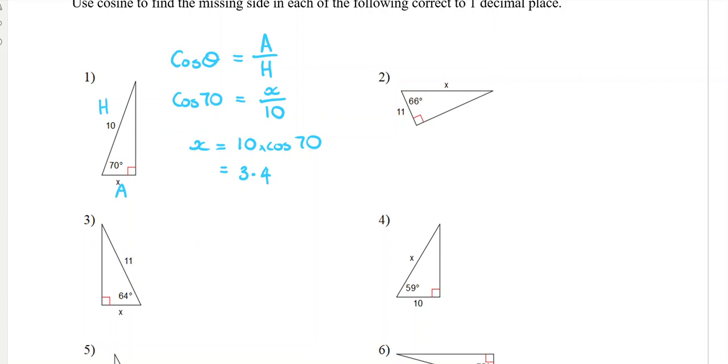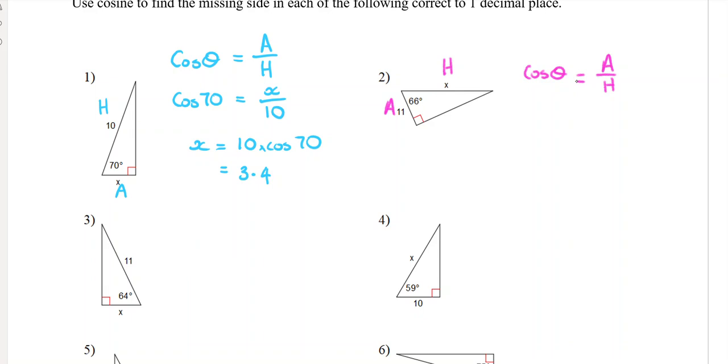Label the sides. From the right angle, straight across is the hypotenuse. Between the 66 degrees, so these two angles here, this side is the adjacent side. All right, so we've labelled it. Let's write our formula down. Cos theta equals adjacent over hypotenuse.